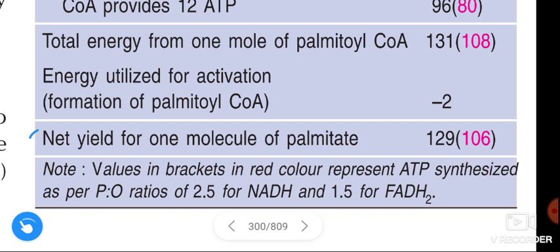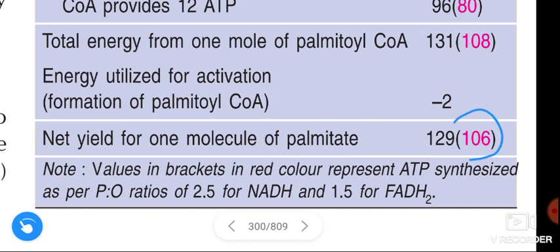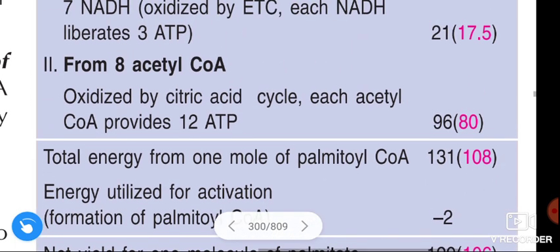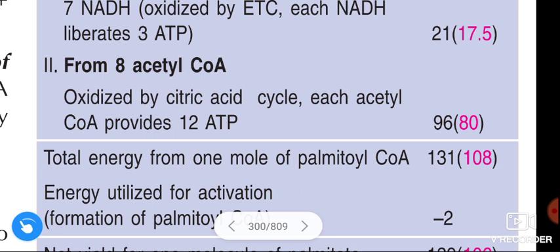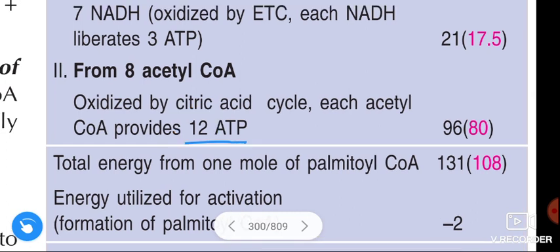Remember this, guys, the net yield for one molecule of palmitate or palmitic acid is 106 ATP, and the total energy from 1 mole of palmitoyl-CoA is 108. As per the new curriculum, 1 acetyl-CoA oxidized by the citric acid cycle provides 10 ATP.